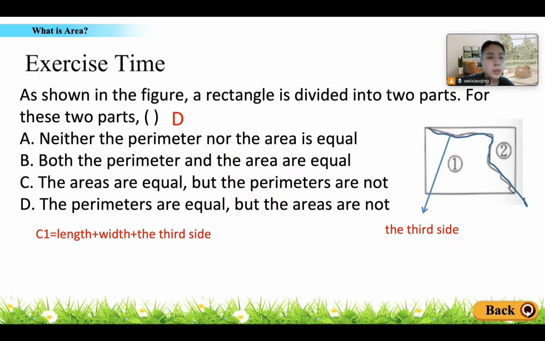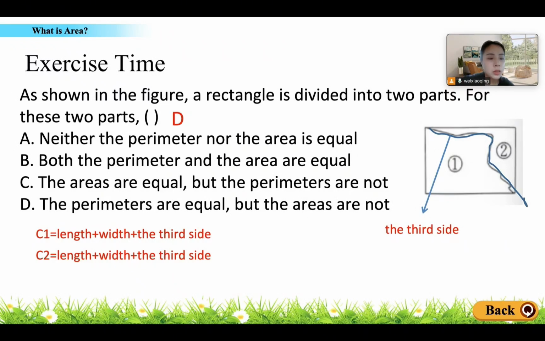Perimeter of part 1 equals length plus width plus the third side. Perimeter of part 2 equals length plus width plus the third side. So the perimeters of part 1 and part 2 are equal.